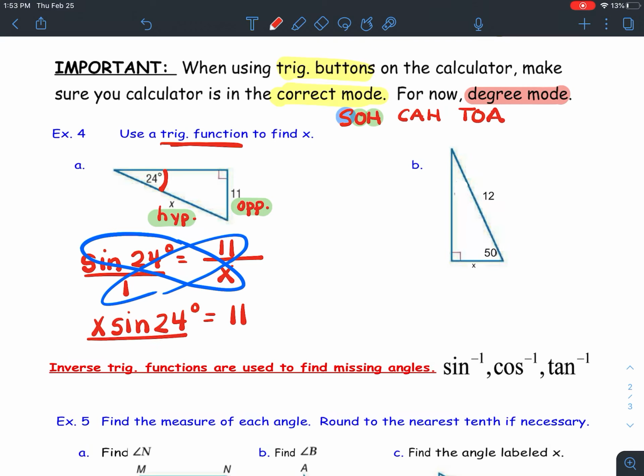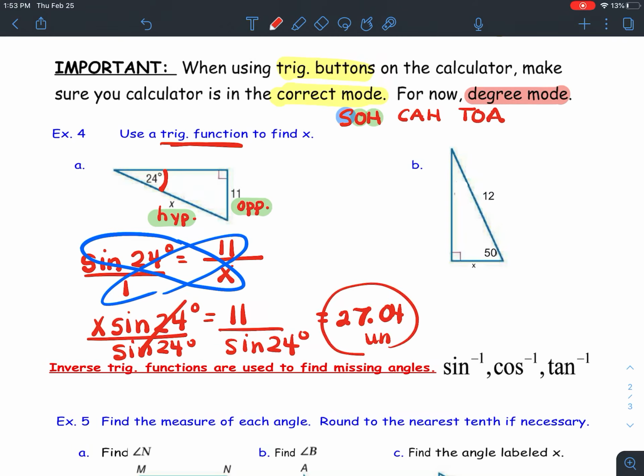Then to get the x by itself, I will need to divide both sides by sine of 24 degrees, and this is what you would need to type into the calculator. You're going to type 11 divided by sine of 24, the sine button is right above the comma key, and you're just going to round this to 2 places. Side x would be 27.04, and we'll label that units for the length of that side.